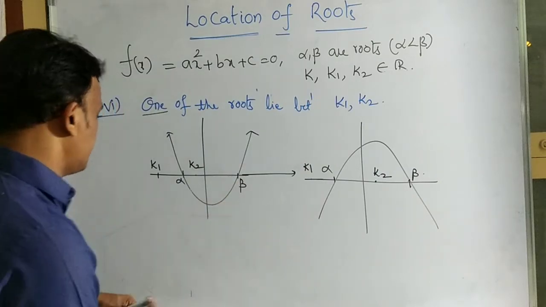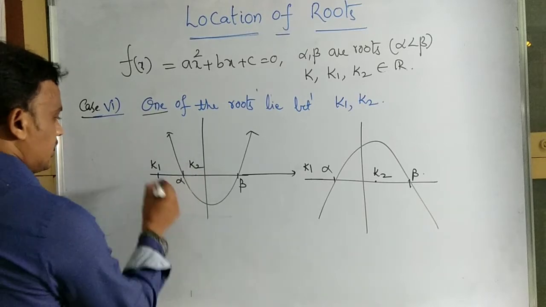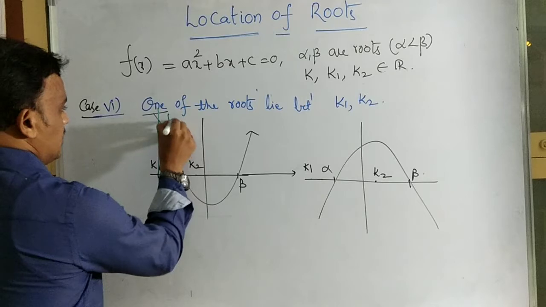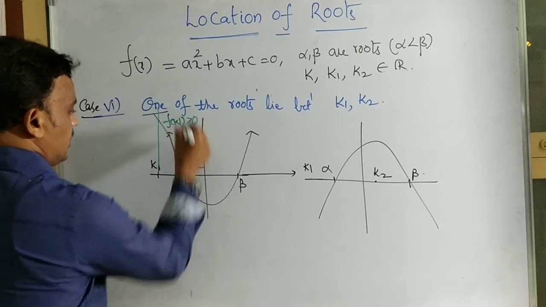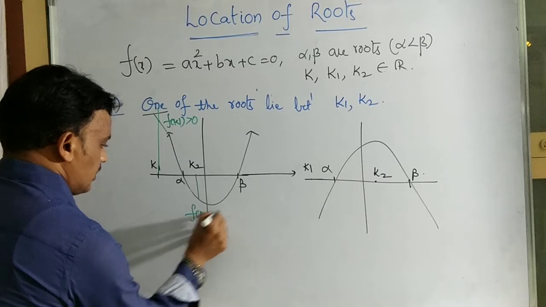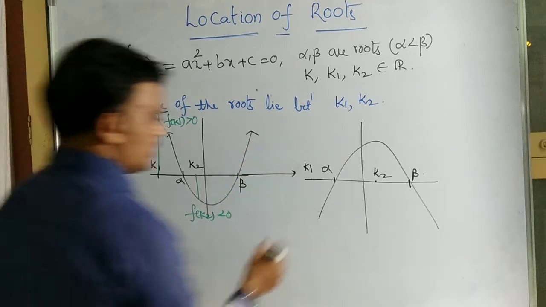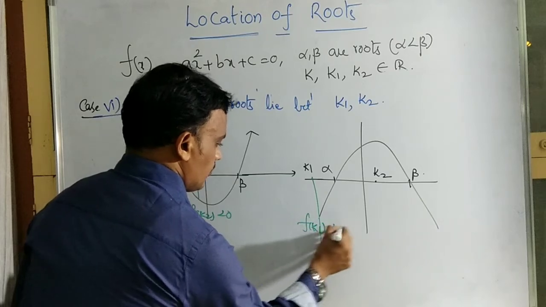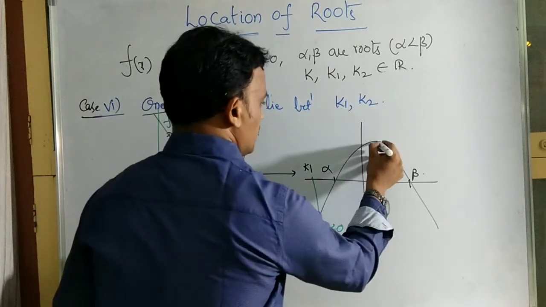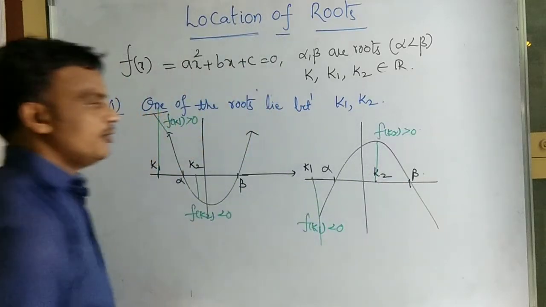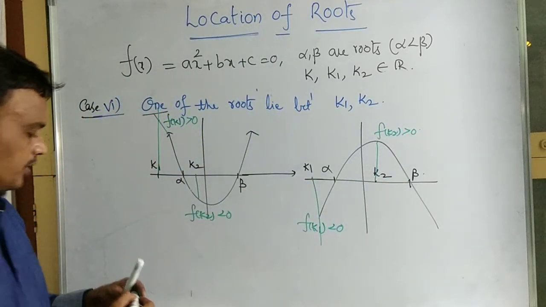Now take the corresponding values of k1 and k2. In this case f of k1 is greater than 0 and f of k2 is less than 0. Coming to the other case, f of k1 is negative and f of k2 is positive. Finally, what conditions do we get from this?